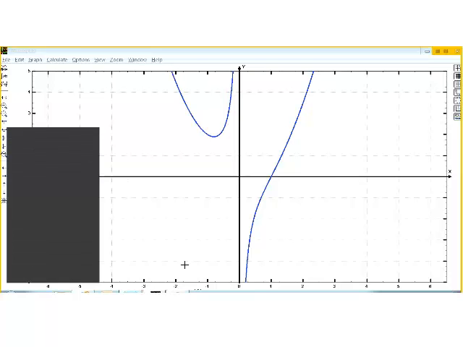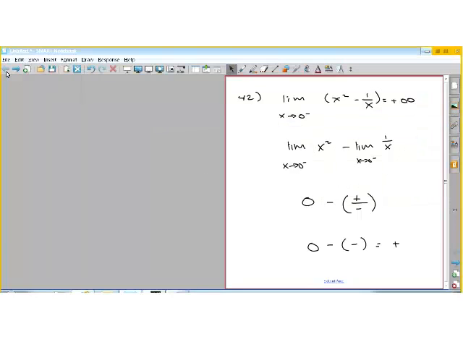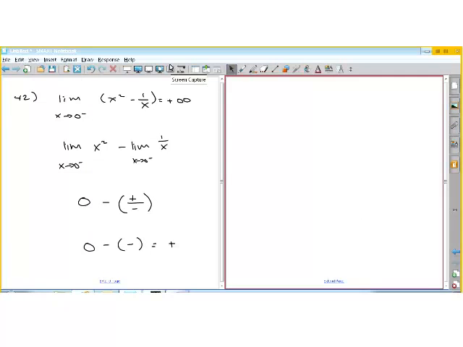Well, let's just go back. Another way of doing it is you could find a common denominator. If you took this function and found a common denominator, which would be x, you'd have x cubed over x minus 1 over x.